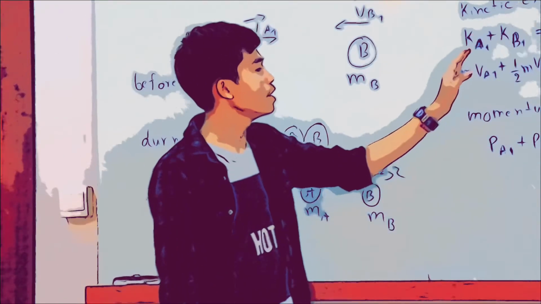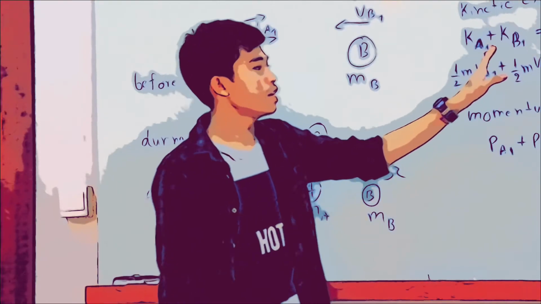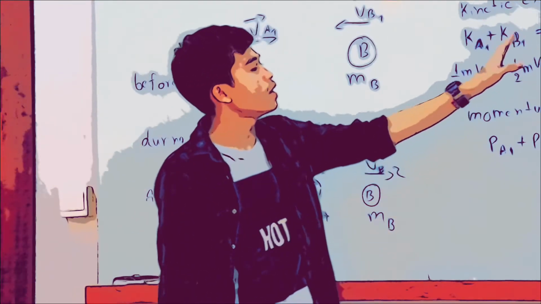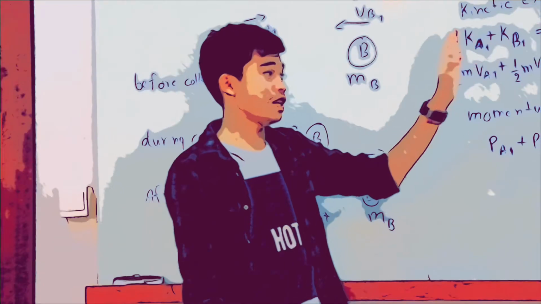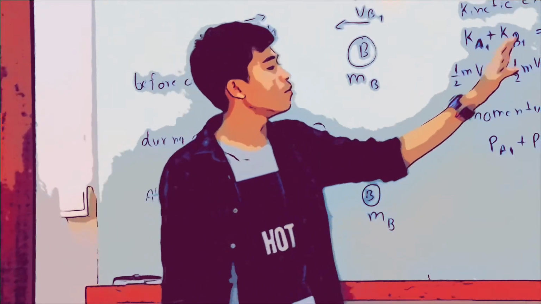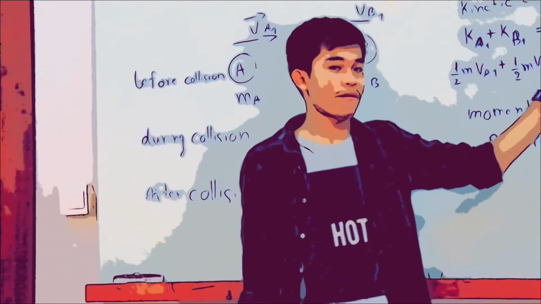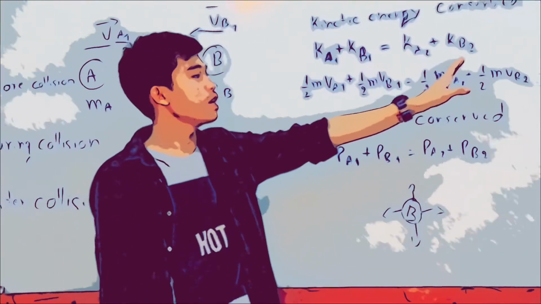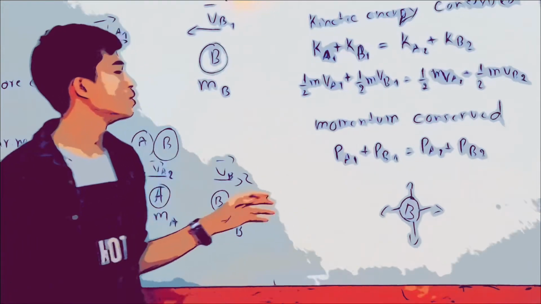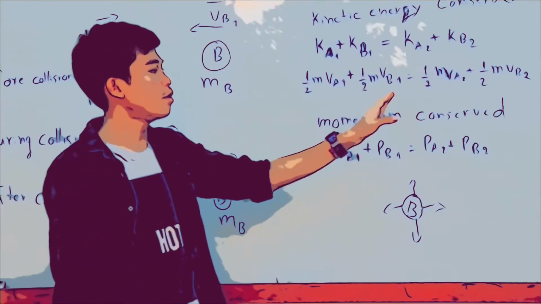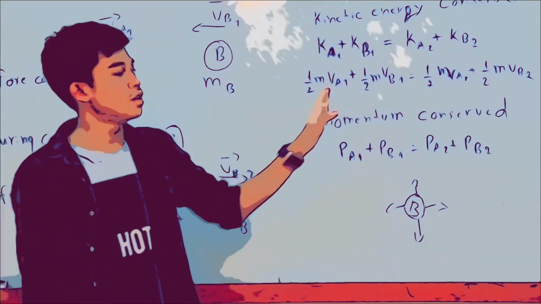As you can see right here, the kinetic energy of object A plus the kinetic energy of object B equals the kinetic energy of object A after the collision plus the kinetic energy of object B after the collision. And here is the general formula of the kinetic energy.